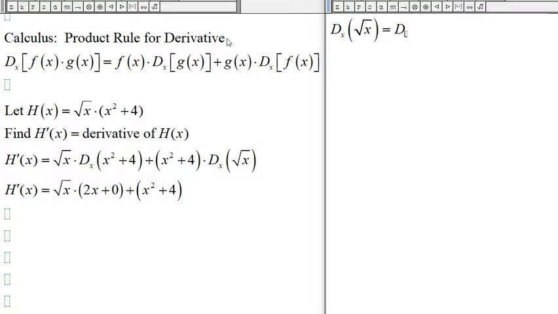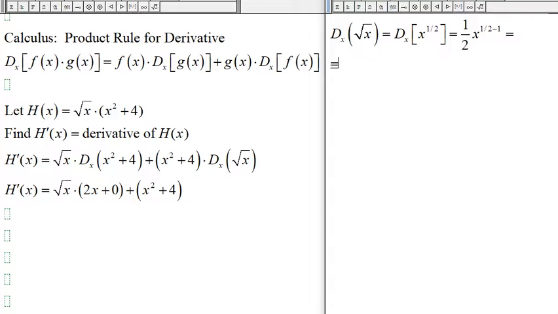This is the same as the derivative of x to the 1/2. The square root is the same as rational exponent of 1/2. And then using the power rule, we get 1/2 times x to the 1/2 minus 1.